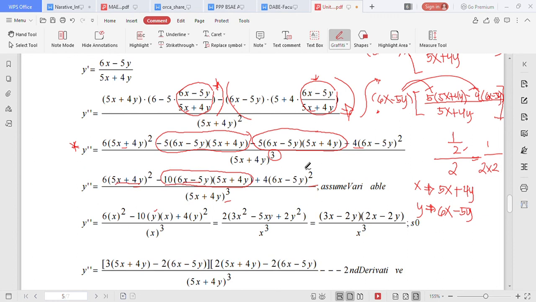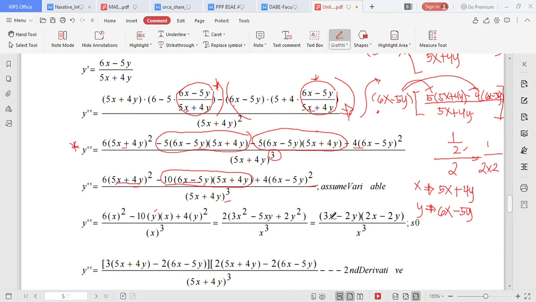So, (3x minus 2y) times (x minus y) is a factor of 3x squared minus 5xy plus 2y squared.